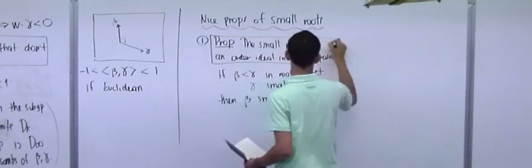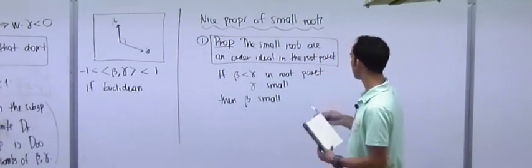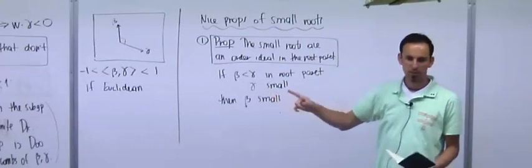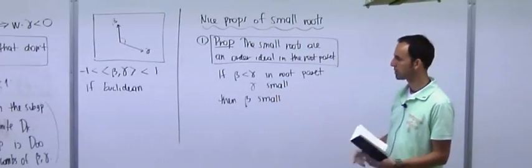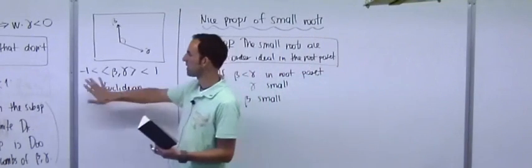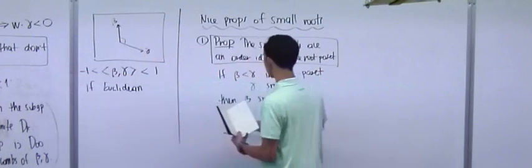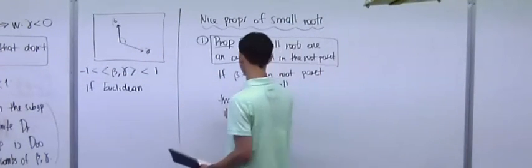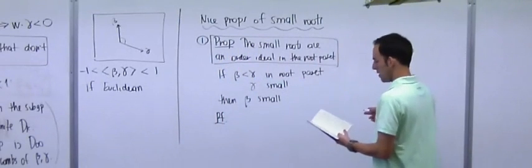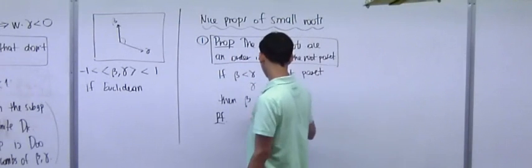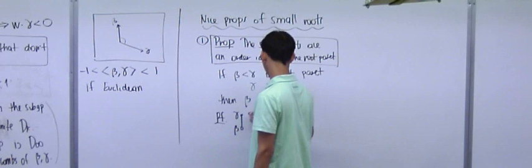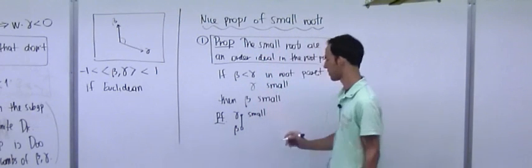Now, I think if you try to prove this proposition using our original definition of small roots, it's pretty tricky, but using the work that we have done, this is actually pretty easy. So let me show you the proof. The proof just says, okay, well, suppose we have this gamma, beta, and small.